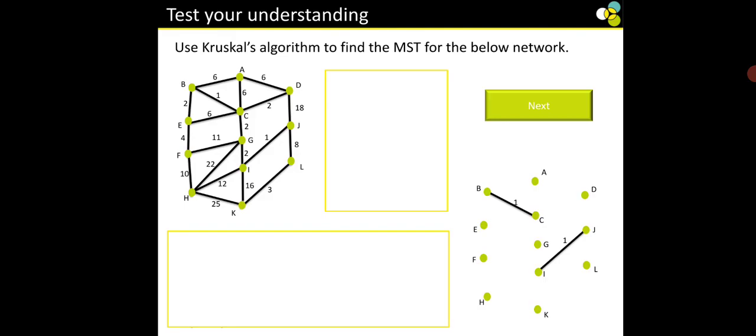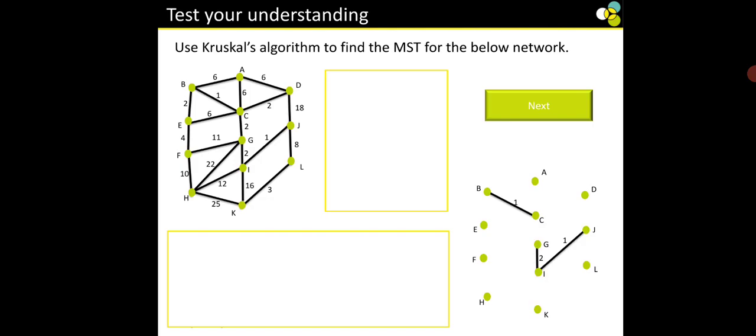What is the next least edge? The next least edge is 2. Wherever you have a value of 2, those edges will be connected. Where does 2 occur?